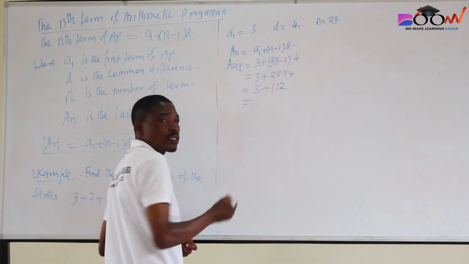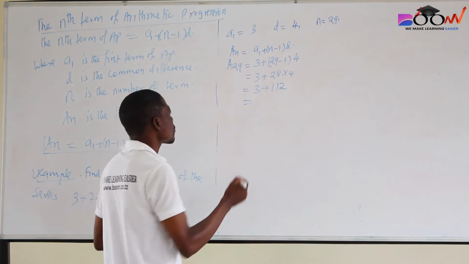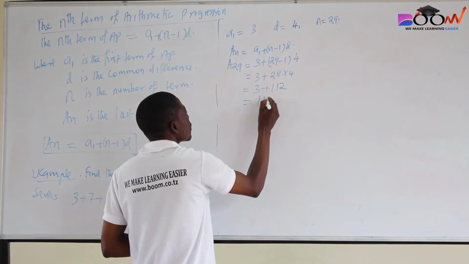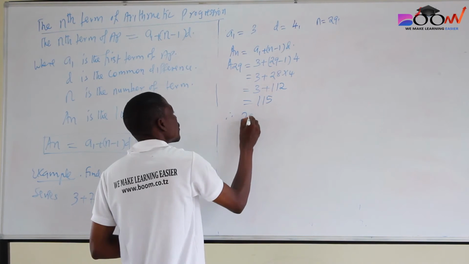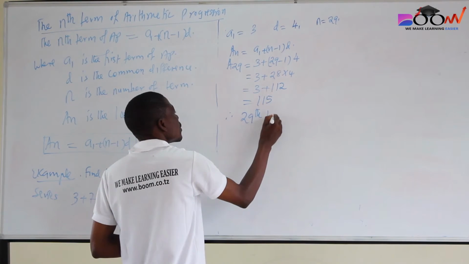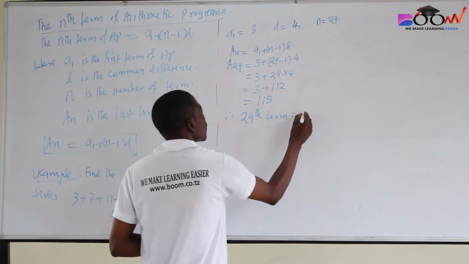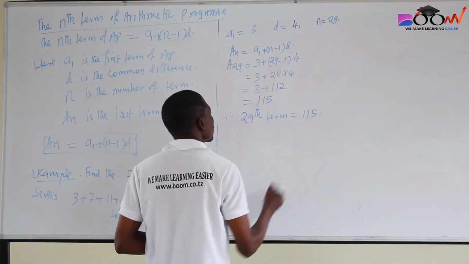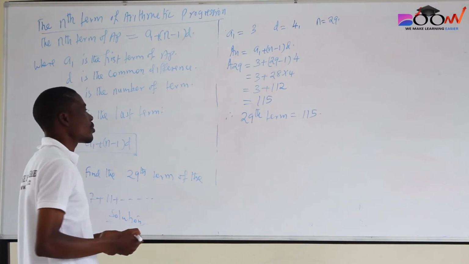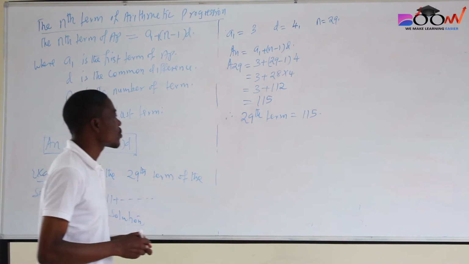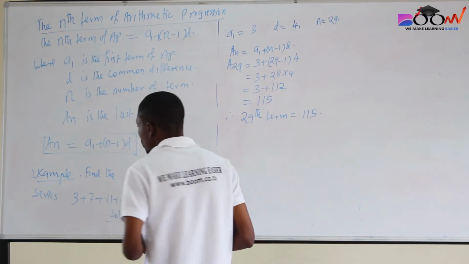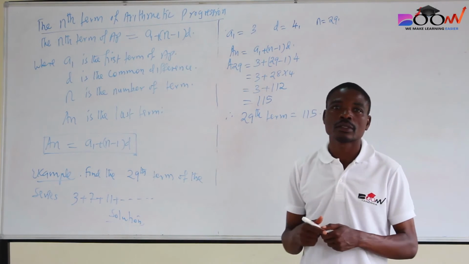When you take the summation, this will be equal to 115. So in that case, the 29th term will be equal to 115. That is how it is done, and that is the first example.